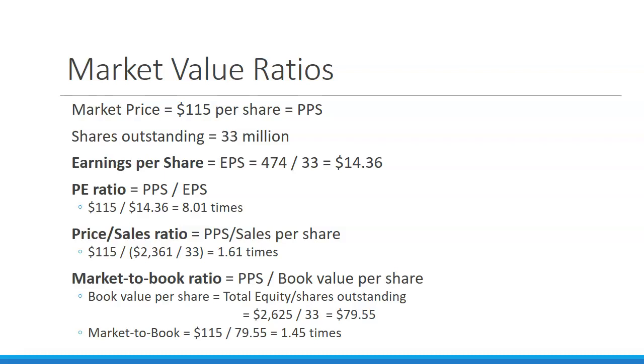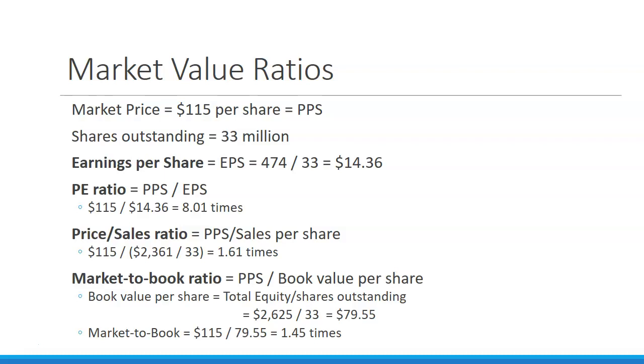And then we have the market to book ratio. First, we need to determine what the book value per share is. Book value per share is total equity divided by the number of shares outstanding. So we have a book value per share of $79.55.